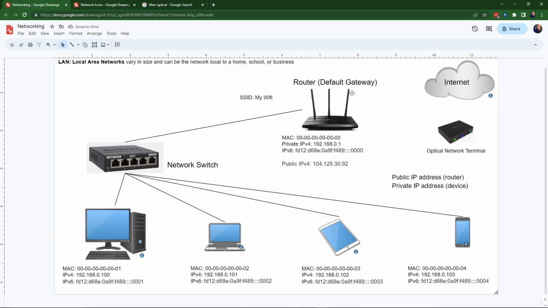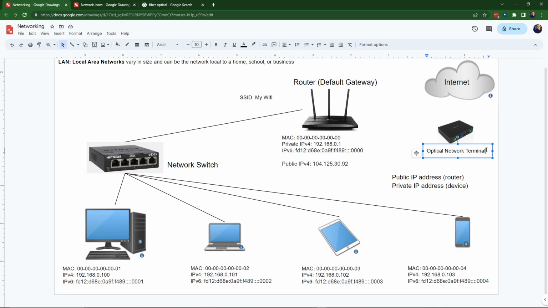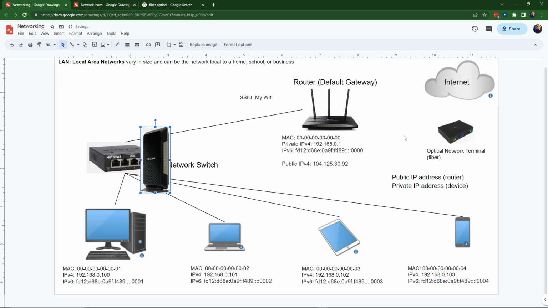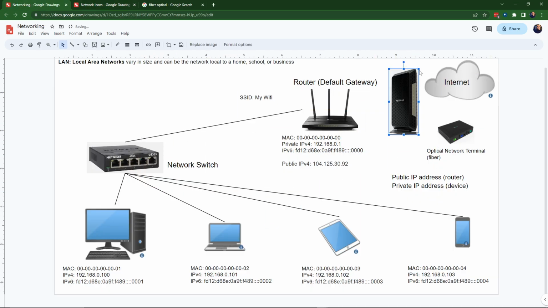So this is if you have fiber. This is a fiber network thing. If you don't have fiber and you have copper, you have something called a modem. Make this smaller. I'm going to stick that right there.